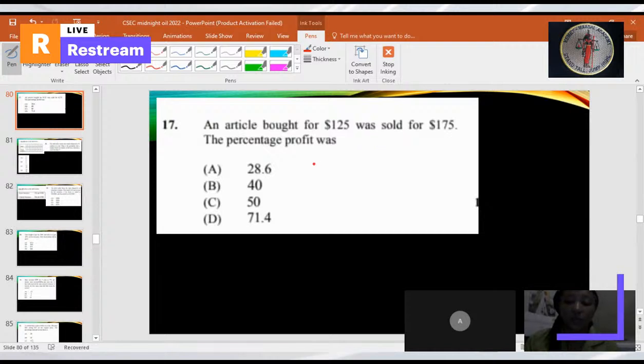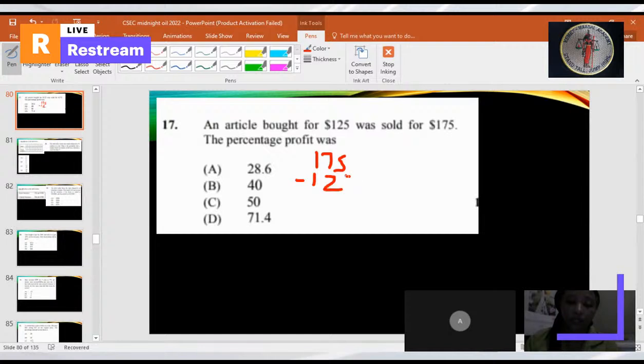So first work out what the profit was. How do I work the profit? 175 subtracted by 125.